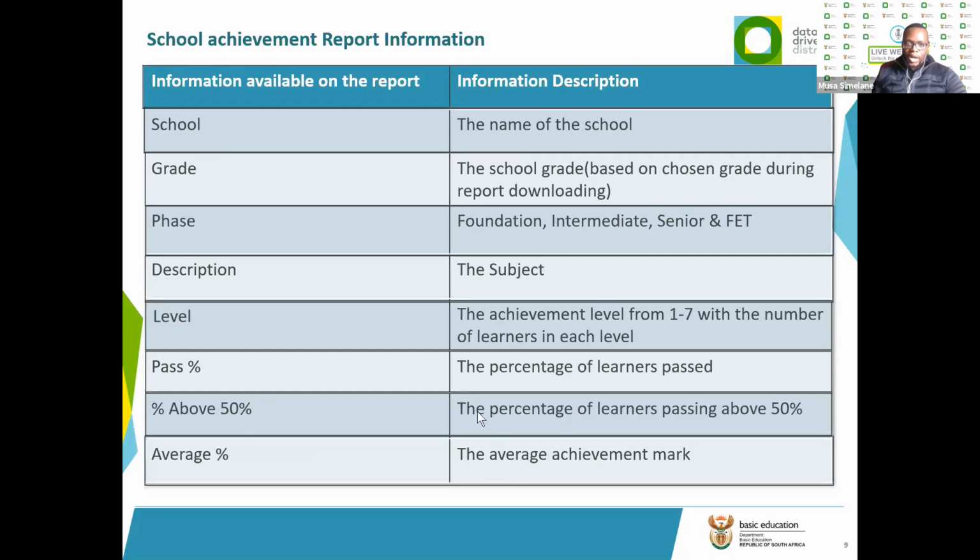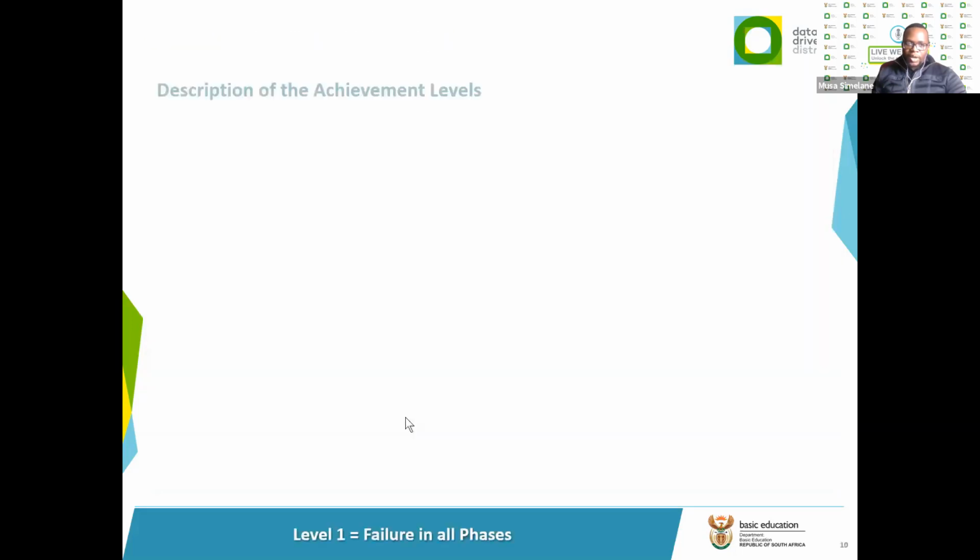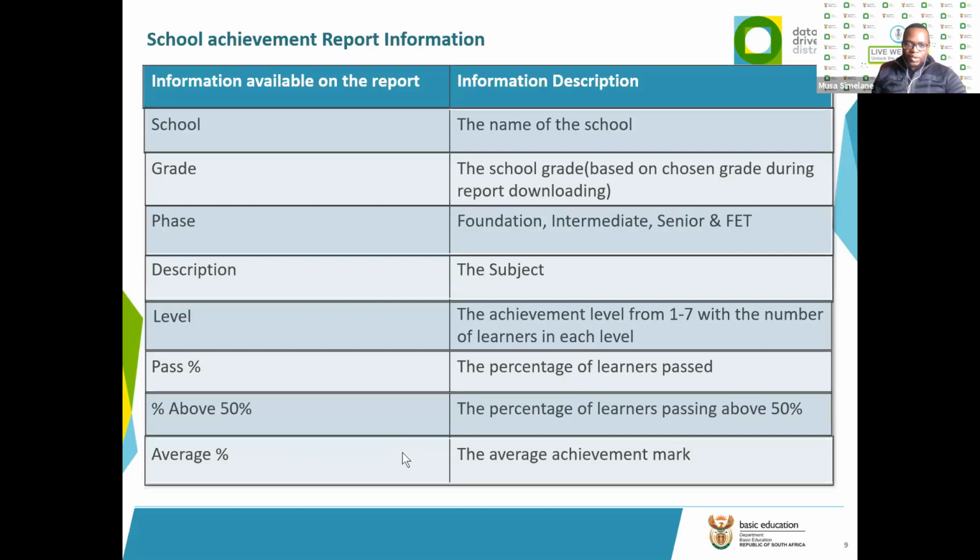So this one counts the number of learners who have 50%, and the average percentage just talks about the subject itself. If you take all the learners and you summarize their performance, that's what you get, which also speaks to the achievement of the subject itself. Yankee, would you agree with that assessment? Yeah, Yankee is just nodding there.